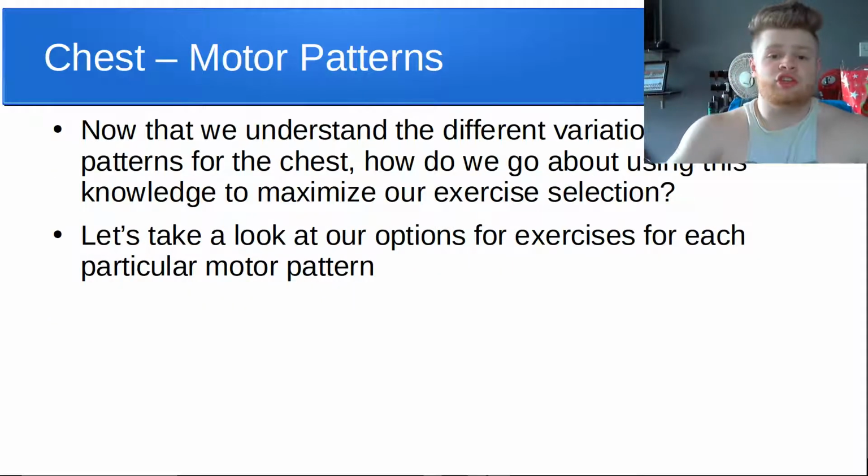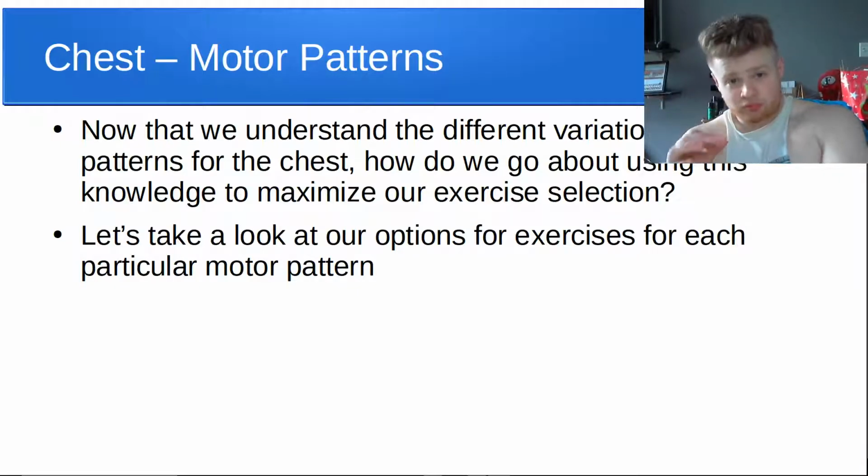So now that we understand the different variations of motor patterns for the chest, presses and flies, and the different planes of movement that we need to exercise these movements in, incline, decline, and flat, now, how do we go about using this information to maximize our exercise selection within a training program?